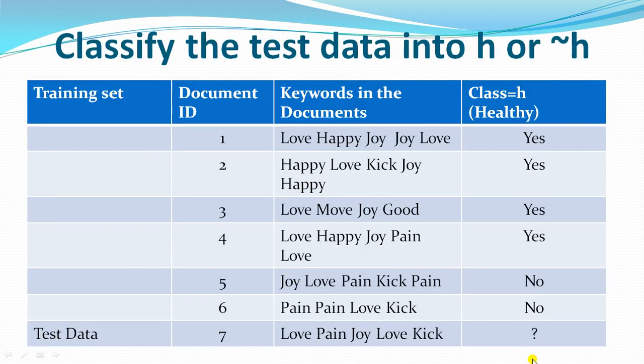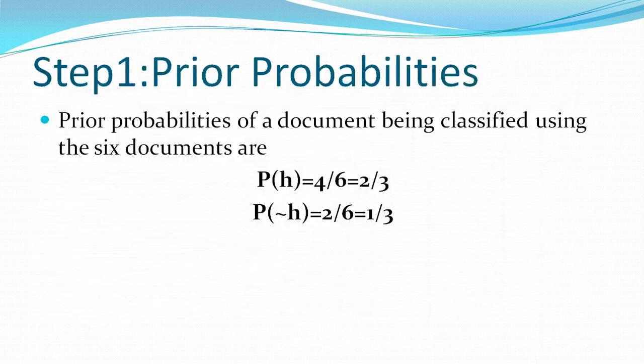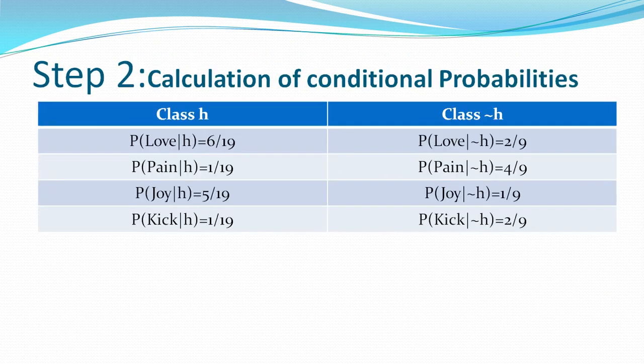It's quite simple. Based on probability, I will just summarize. First we calculated the prior probability of both class H and class negation of H. Then we calculated the conditional probability of class H and class negation of H. In this one, we just calculated the frequent occurrence of these particular terms. Terms may be love, pain, joy, kick, multiple terms were there. The frequency of occurrence with respect to class H and class negation of H has been calculated here.